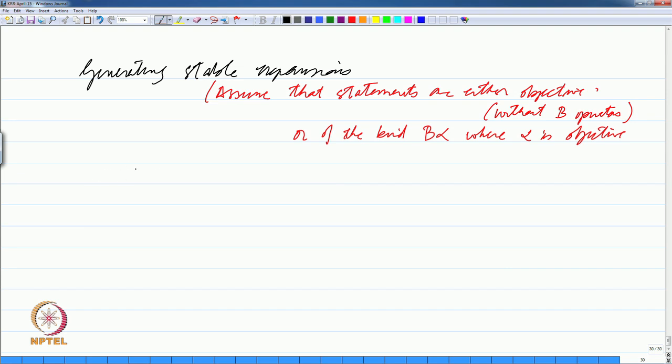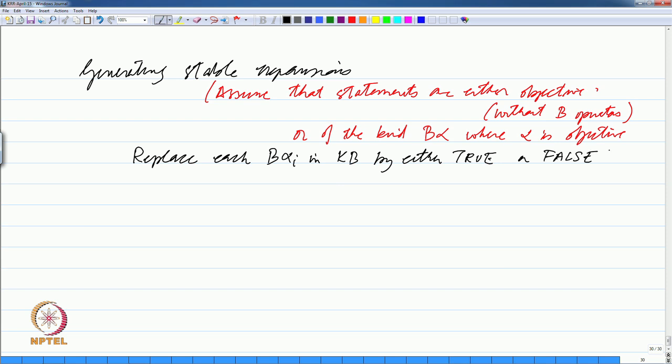So, the algorithm then is: replace each belief alpha I in the KB with either true or false.